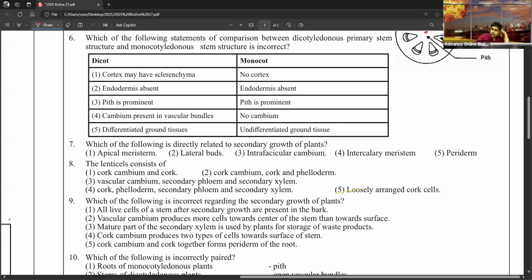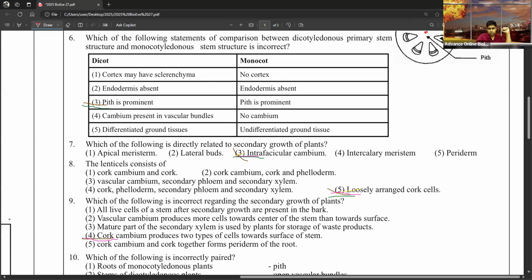Cortex may have sclerenchyma in dicot. No cortex. This is wrong, neither. They are asking about stem. Okay, I thought of root.